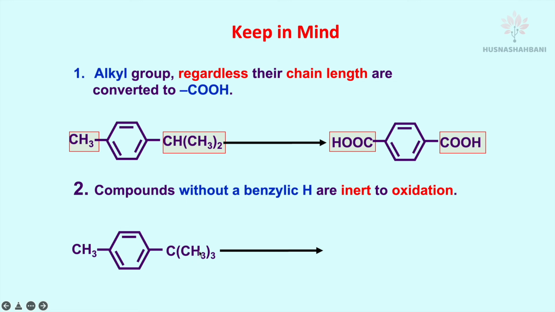For this hydrogen, the carbon is not attached to the benzene ring, so oxidation won't happen here. Oxidation will only happen at the carbon that is attached to the benzene ring, and that carbon has hydrogen. Since this carbon has no hydrogen, no oxidation happens on the right side, only on the left side oxidation will happen. Here, no change.